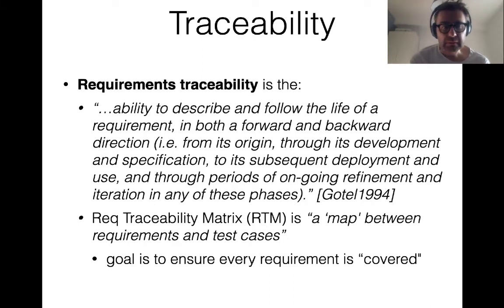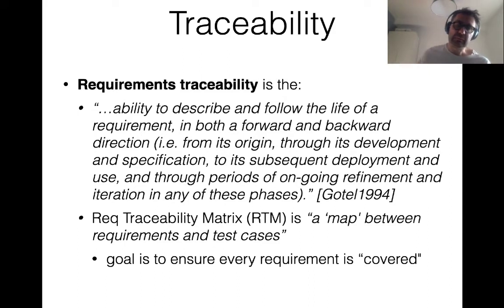So the definition is the ability to describe and follow the life of a requirement in both a forward and backward direction: forward towards the testing, the design, and the code, and backward from these later artifacts to the requirements.